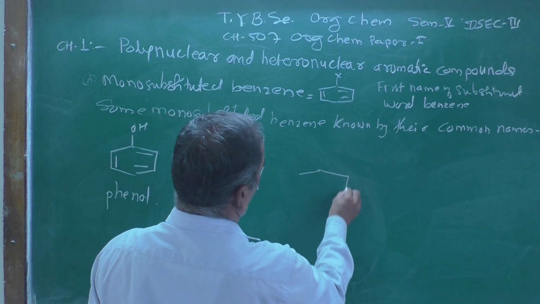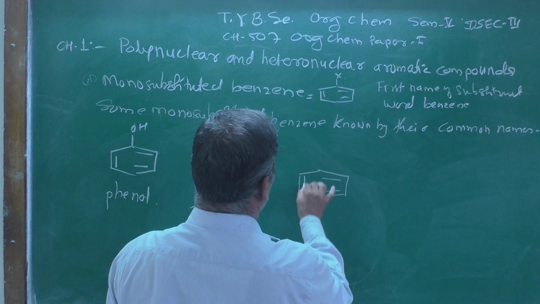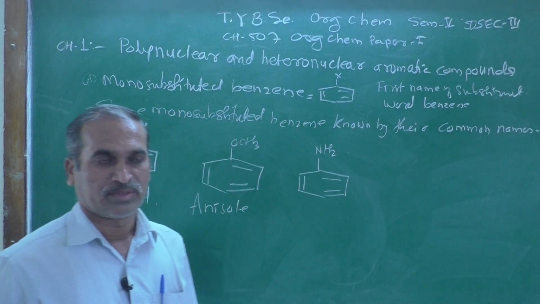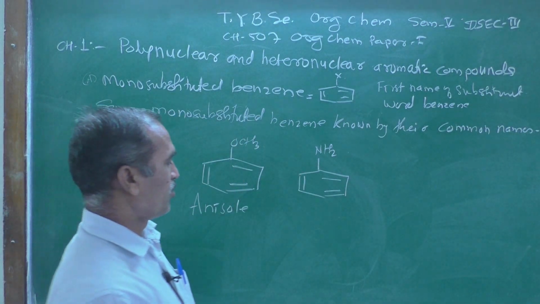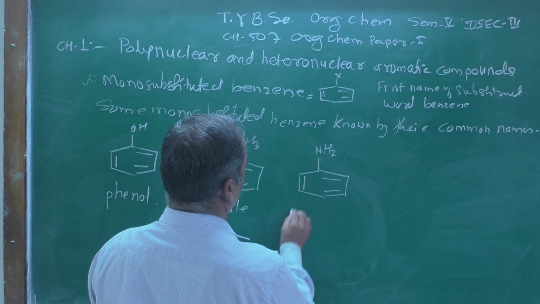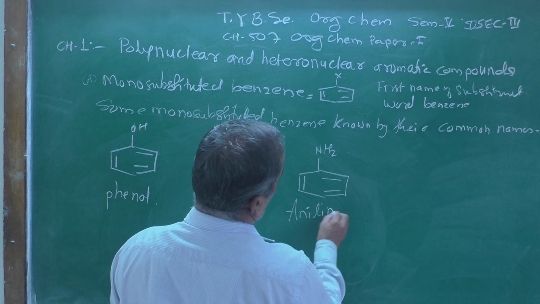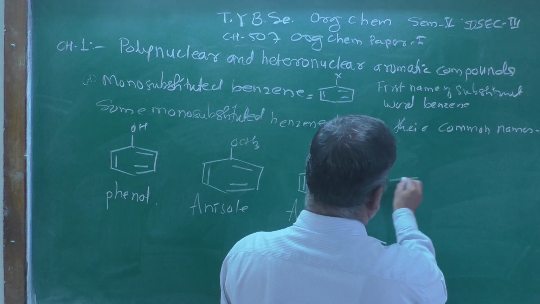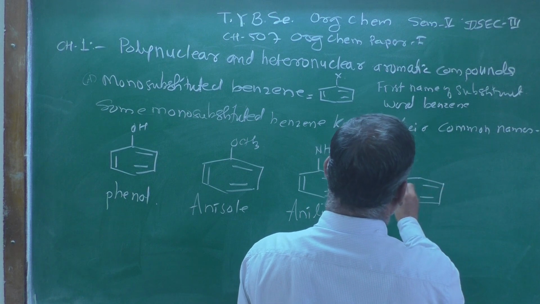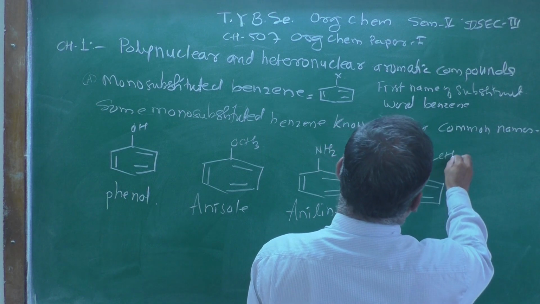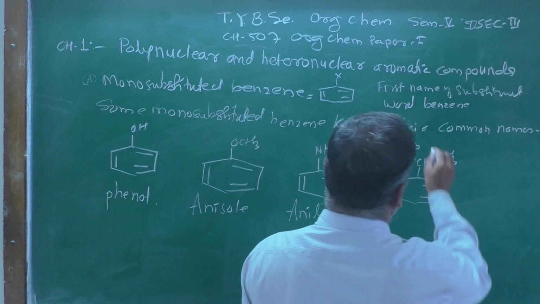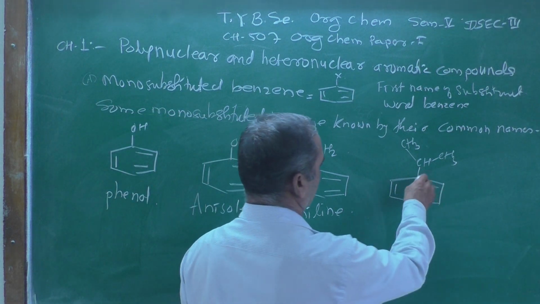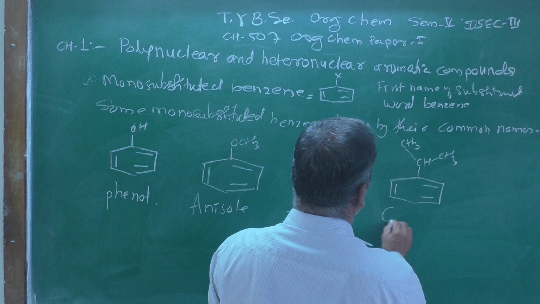Now let me draw another structure where we have NH2. This aminobenzene is known as aniline. And one more compound which we have just seen: isopropyl benzene, which is nothing but cumene.